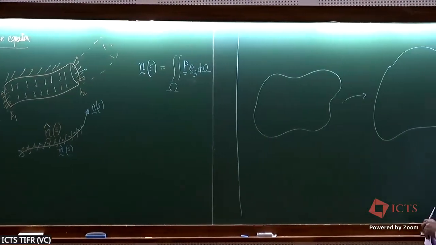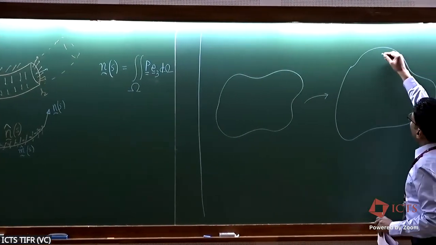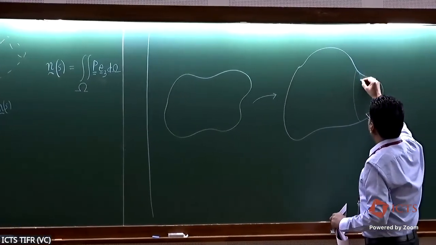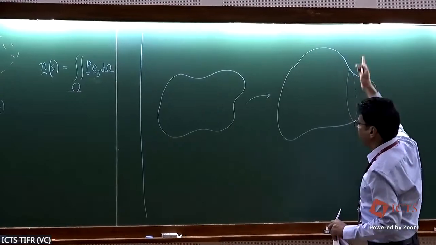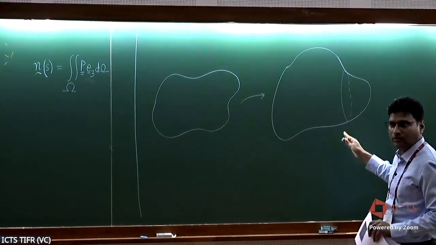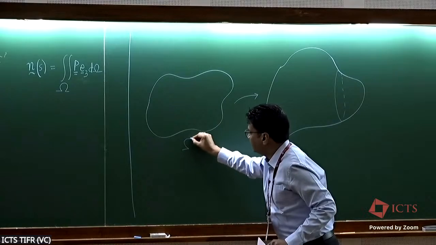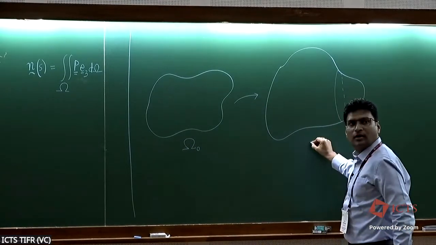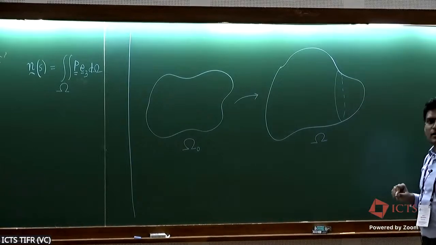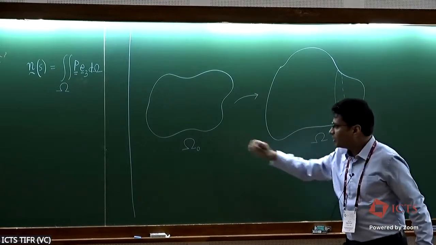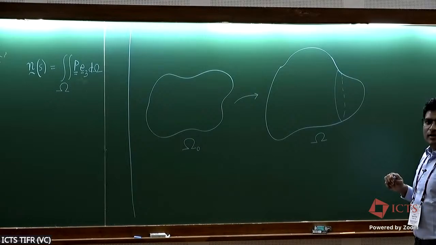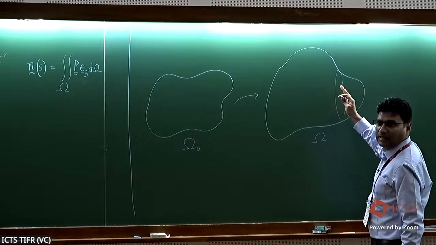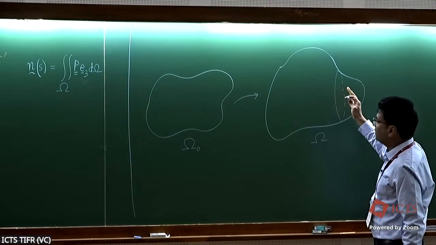And then, let's say I want to know if you take a section here in the deformed body. So this is, let's say, omega naught, meaning the reference body. And you have some surface here in the deformed configuration.